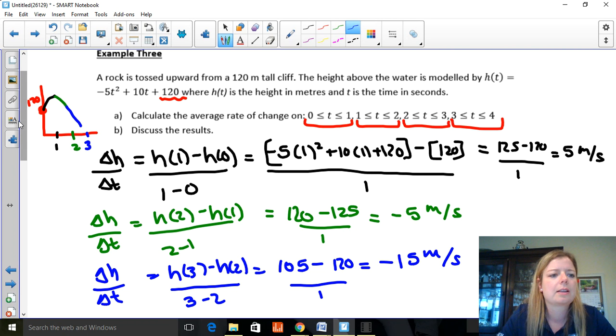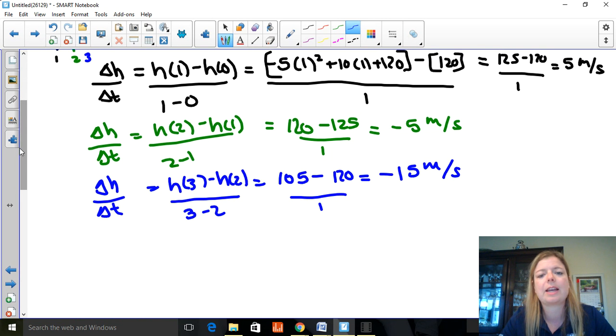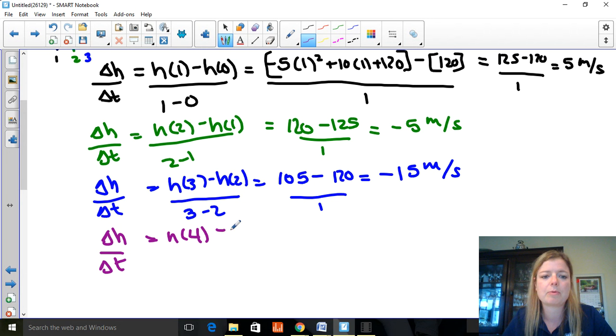Okay? And then you can imagine what's going to happen between 3 and 4 seconds. So what's your prediction? What do you think is going to happen? How is delta H over delta T between 3 and 4 going to differ from this negative 15? What makes the most sense? You could make a guess at what you think it might be.